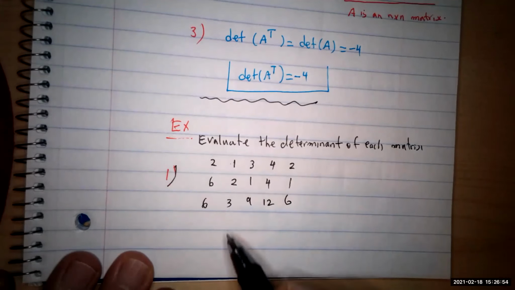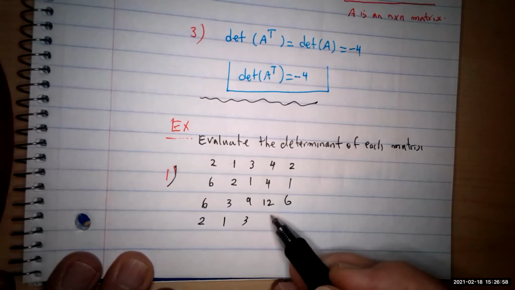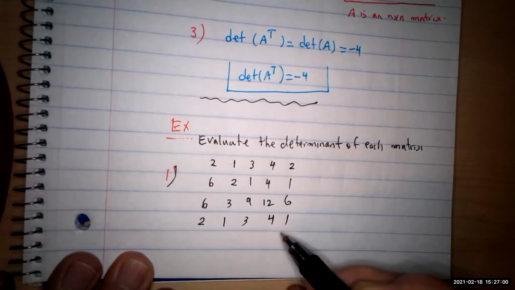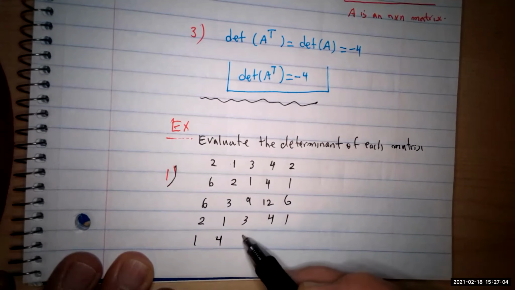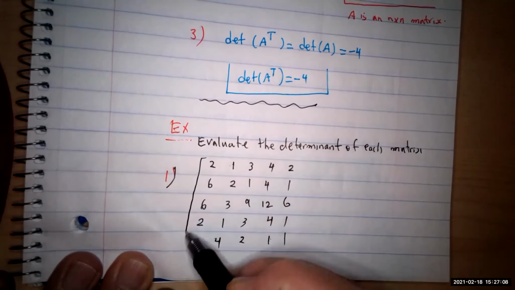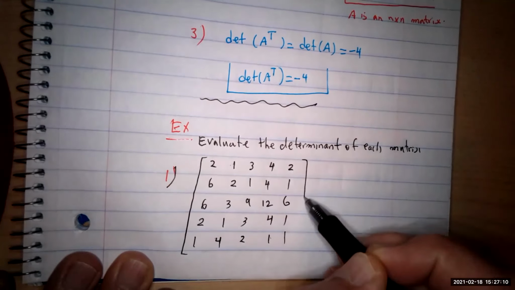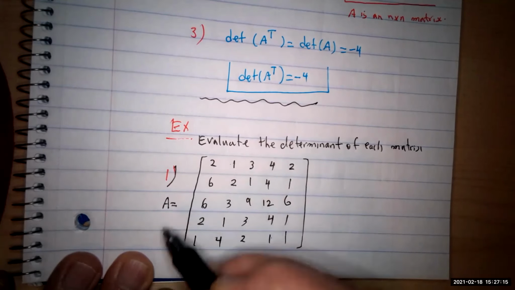And then we have a 2, 1, 2, 1, 3, 2, 1, 3, 4, 1, 4, 1, and then 1, 4, 2, 1, 1. This is the matrix A, and we want to find the determinant of this matrix.